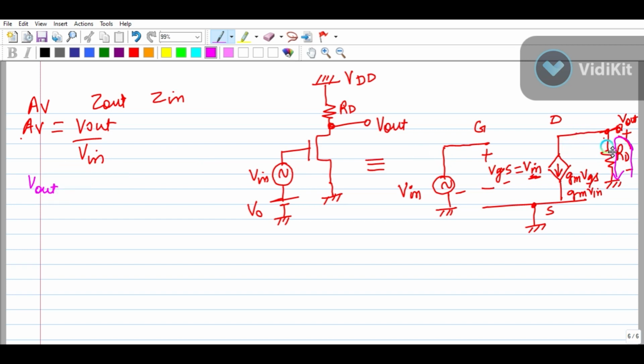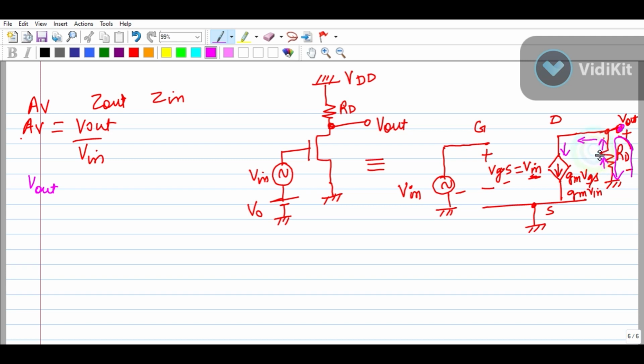And then you are coming to this. What is the voltage drop here? The voltage drop here will be the current flowing through RD times RD, right? So what current is flowing through this? This gm V in. Okay. So what is the direction of this current? This current is coming like this. There is an open circuit, so all the current is coming like this.